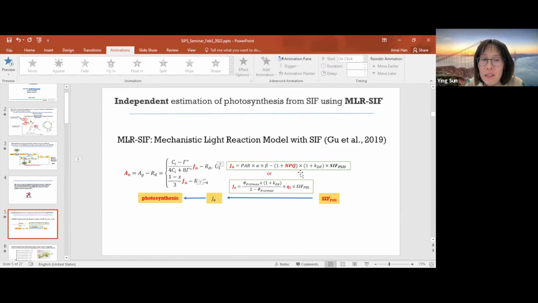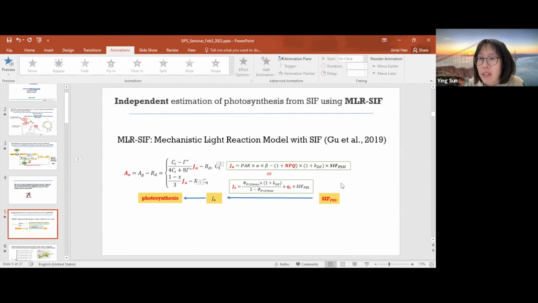So the take-home message in the second part is that SIF itself, at least at very fine scale, is not sufficient to infer photosynthesis or Vcmax, these key parameters. But if we can borrow the information content in QL, then we can do a much better job.